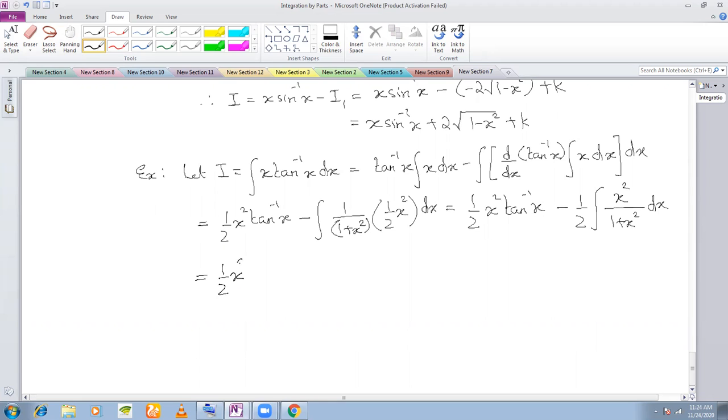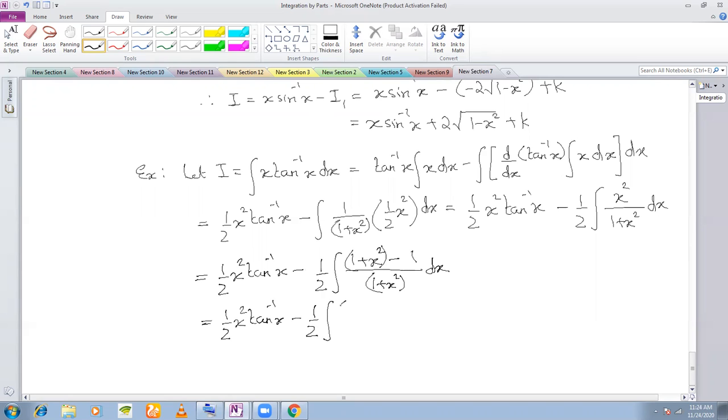So half x square tan inverse x minus half integral, x square you write as 1 plus x square in the numerator, and since you have added an extra 1, you subtract 1. The numerator you can write as 1 plus x square minus 1, over 1 plus x square, dx.